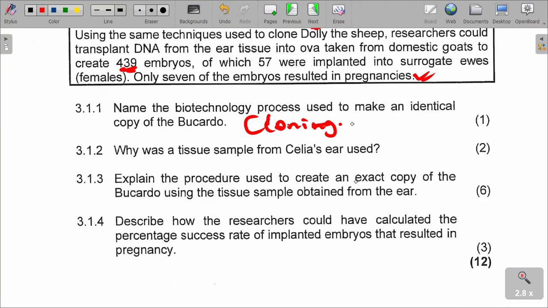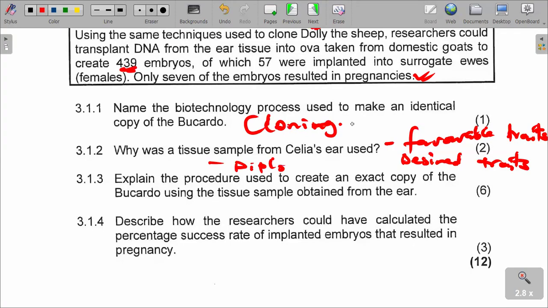The ear was used because it had the favorable, the desired traits. It was easy to sterilize, and it had the diploid cells.